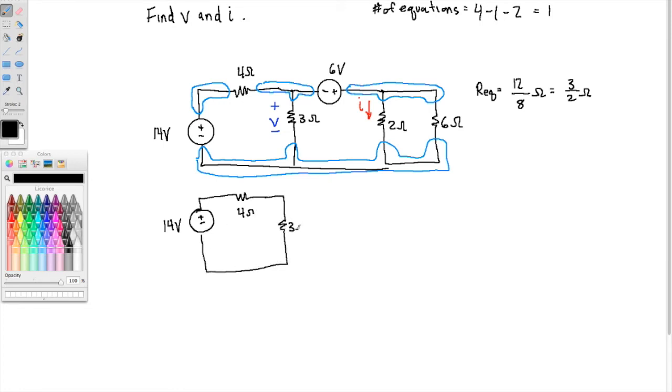And it's good that we're doing this because I do want to illustrate a point about I. Now once you've combined the resistors, we have 3 ohms, 3/2 ohms there. Okay, V, the unknown, is still right there. But where's I now? Where's this red I? Is it here?